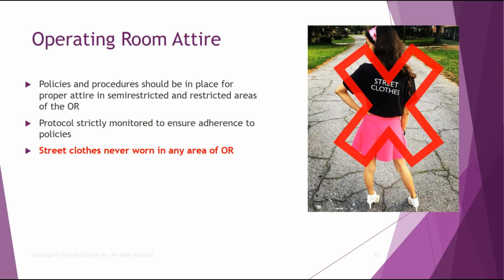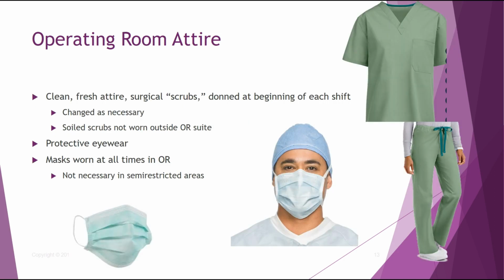Okay, operating room attire is the scrubs that are provided to you. You need to change those every single day. New, clean scrubs every day. Street clothes are never to be worn in the OR. Even if they're covered up, you need to change out. Okay, so some of the attire, of course, are the supplied scrubs that they give you, and then they will give you masks, caps, gloves, and gowns sometimes.